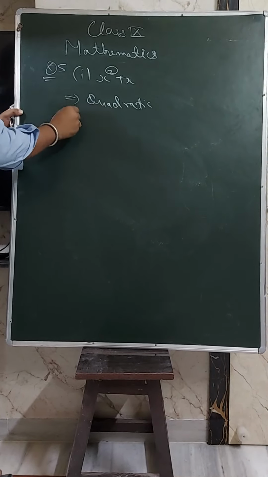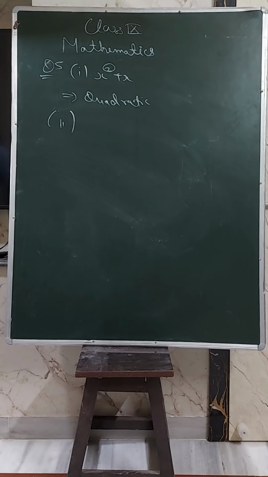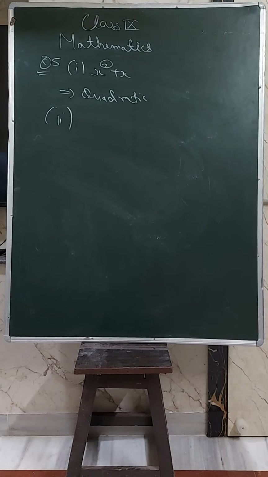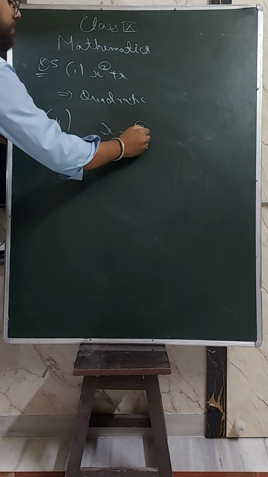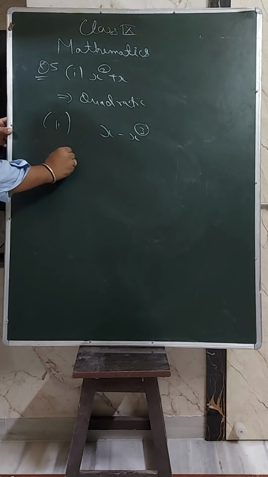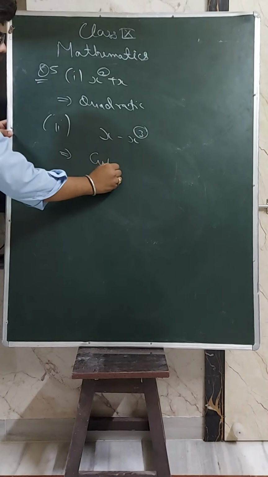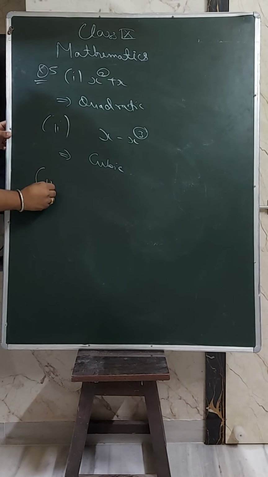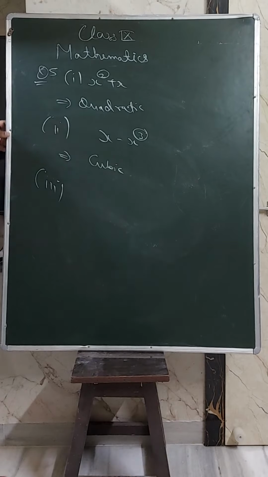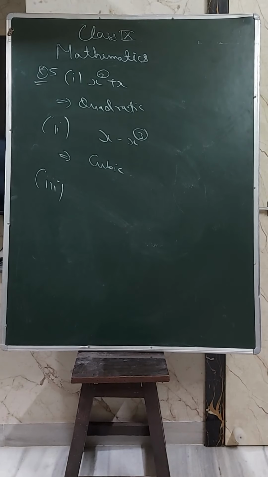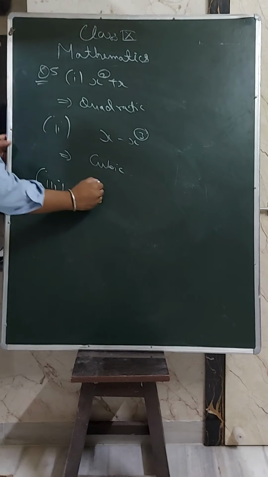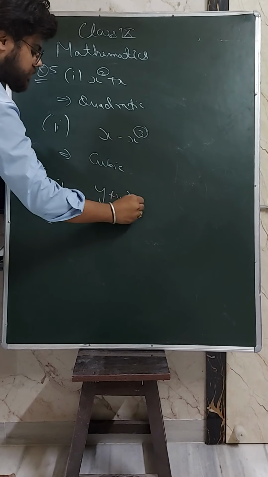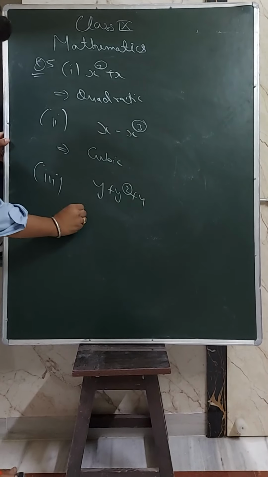Then second part, x minus x cube. See the power. Power is 3. So this is cubic. Then third part, y plus y square plus 4. See the highest power is 2.